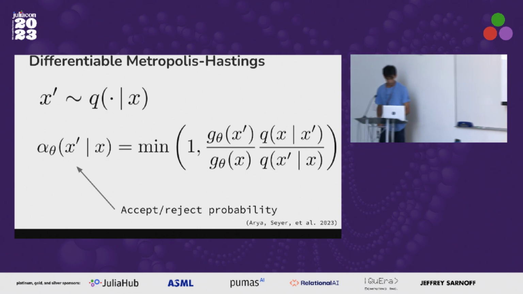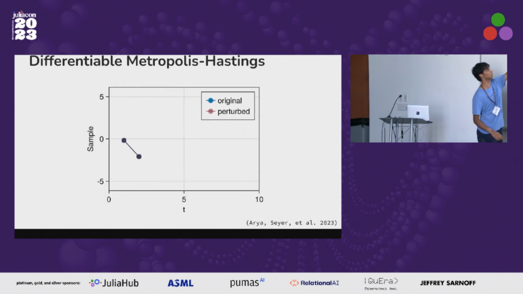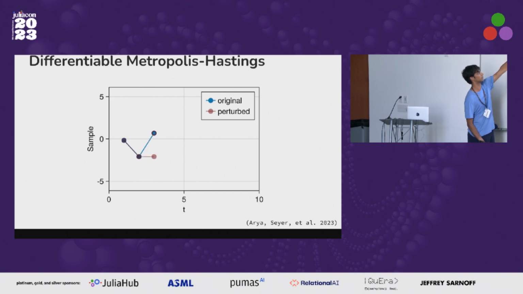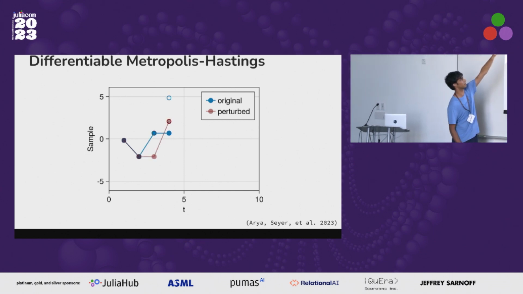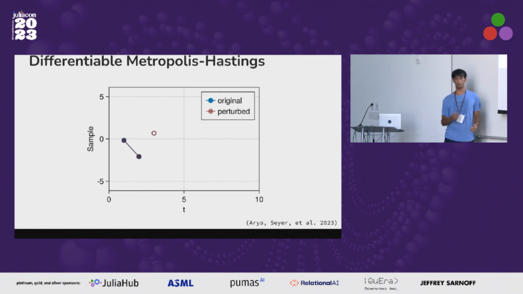And now for now let's focus on the blue. This is the original Metropolis Hastings sampling chain in blue. And now if you apply our method to it, we're going to start considering alternative paths due to the fact that maybe you accepted in the primal, but perhaps you could have rejected, right?